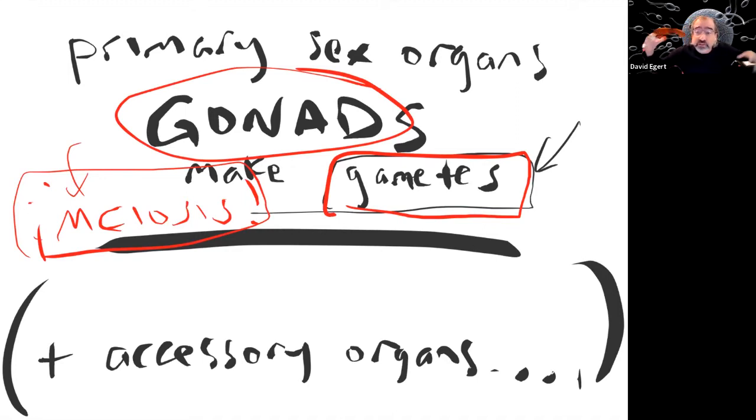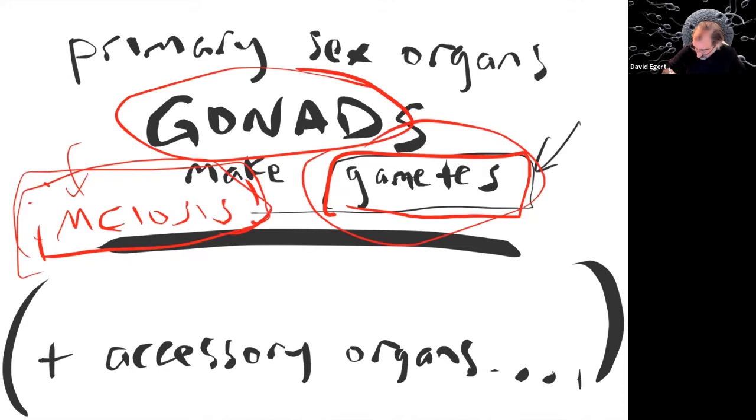Everything else, once the sperm and the egg meet and become a little zygote, is mitosis. All growth and development is mitosis. All of the repair of everything is mitosis. The only place you have meiosis is in the testes and the ovaries to make the gametes. But it's obviously a super important part of the process.